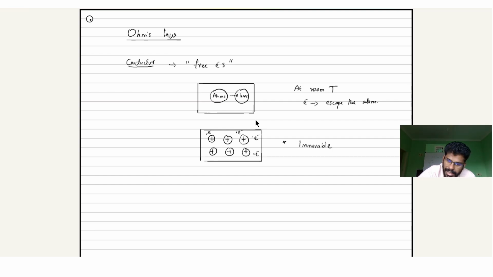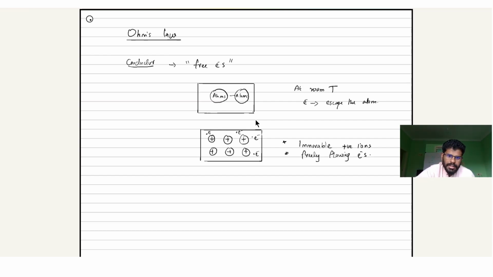They are basically atoms themselves. The atoms, when they lose one electron, become an ion and are fixed in the lattice. So I have immovable positive ions and freely flowing electrons.